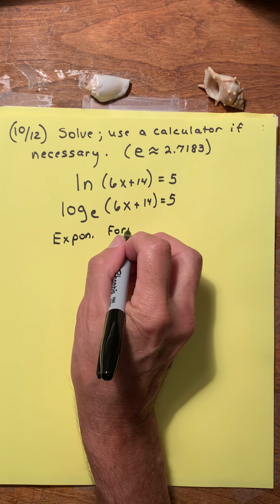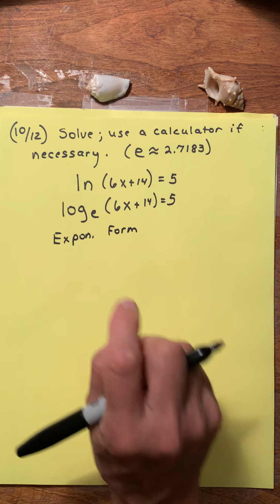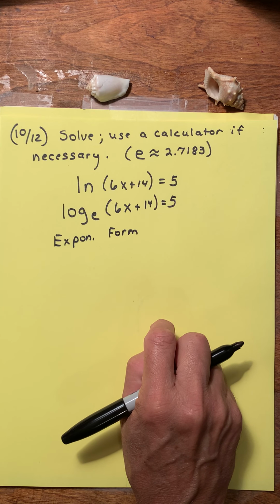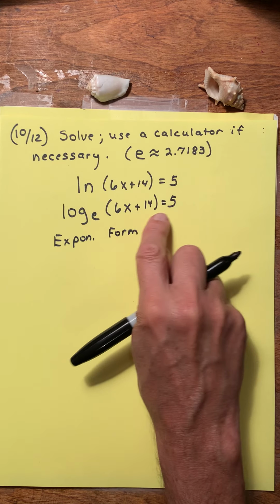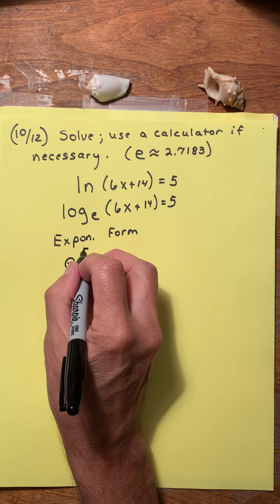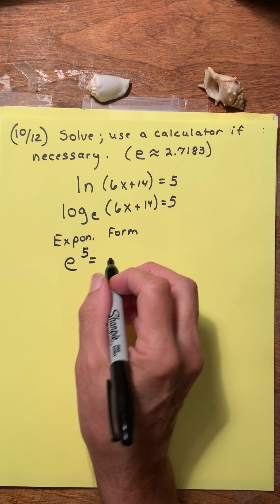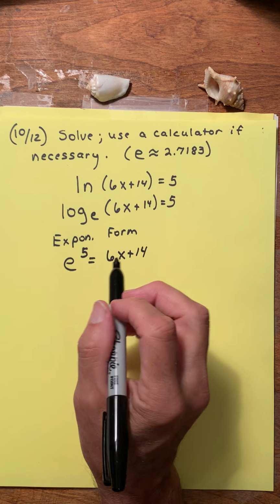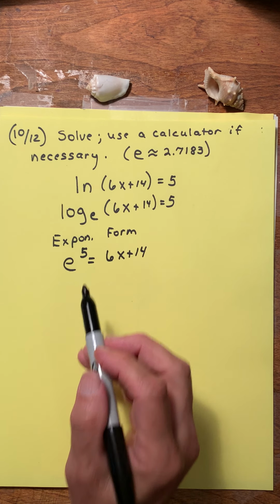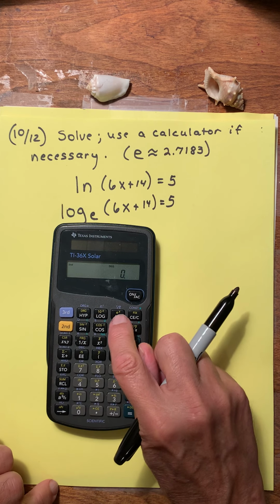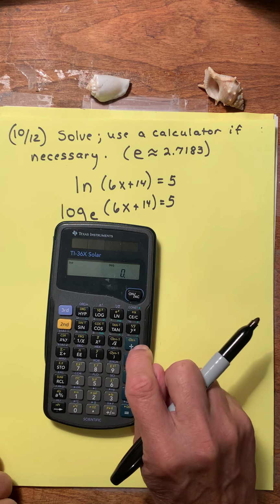I can't express it in exponential form unless I have a base. I got a base here, but make it visible. What to what power equals what? Here we go. e to the 5th power equals that. Here's where I'm obviously going to need my calculator. So I got to do e to the 5th power. Now I have a function key here. It's a second function, it's e to the x.